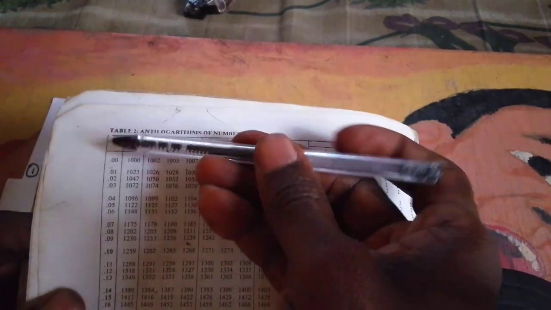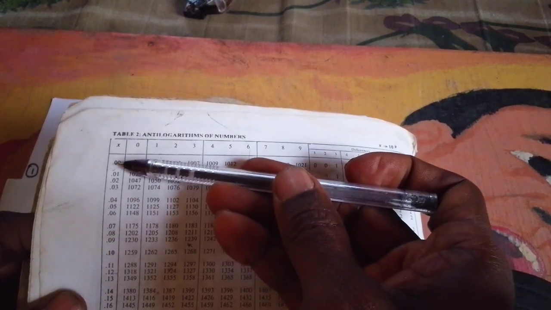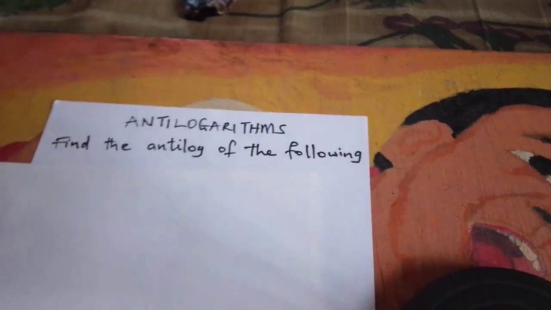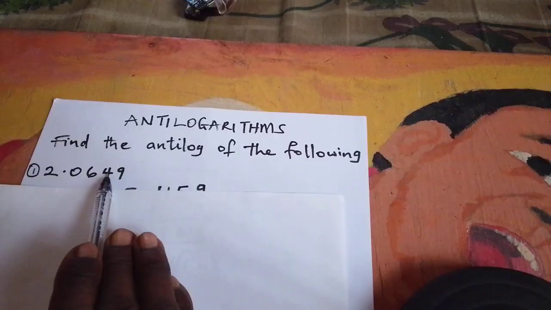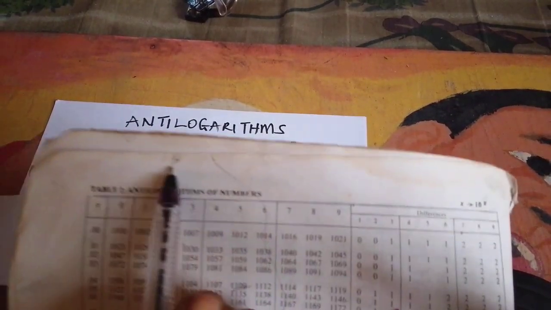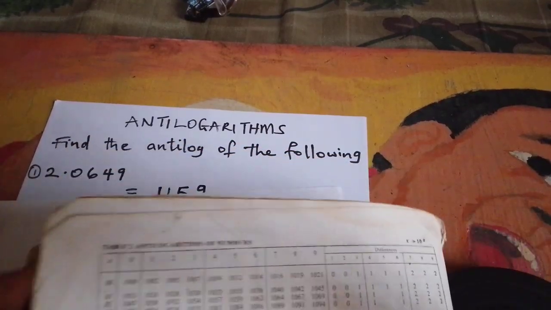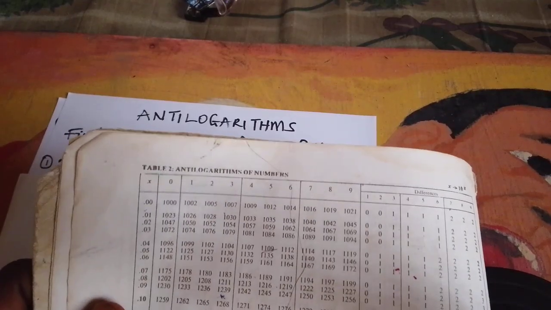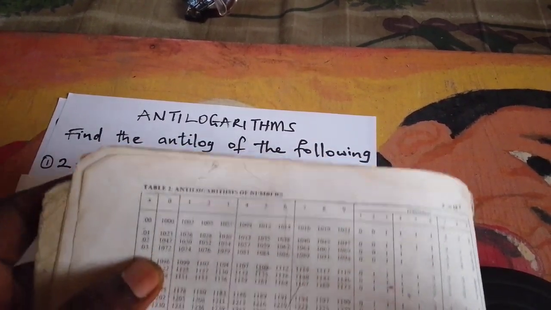On this first column you see it starts from 0.00, 0.01 like that. Then the next digit, 4, is for this horizontal side there. So we have 0.06. You have to look for the anti-logarithm of 0.06 under 4.